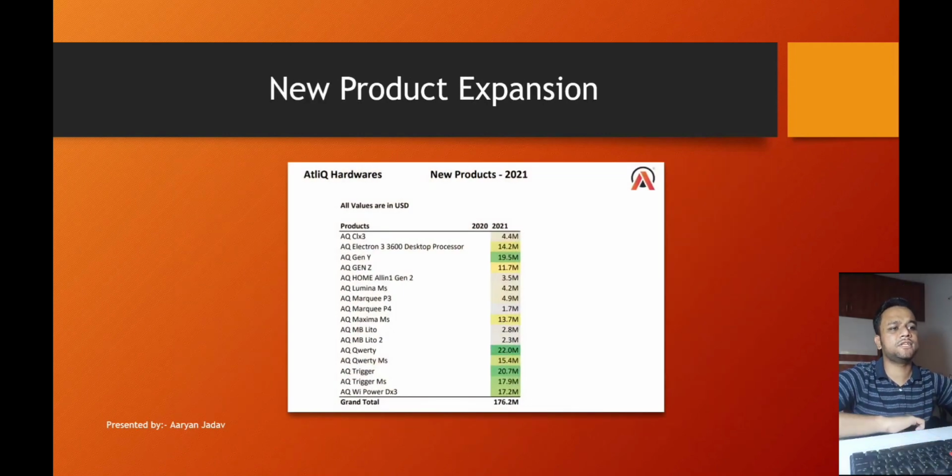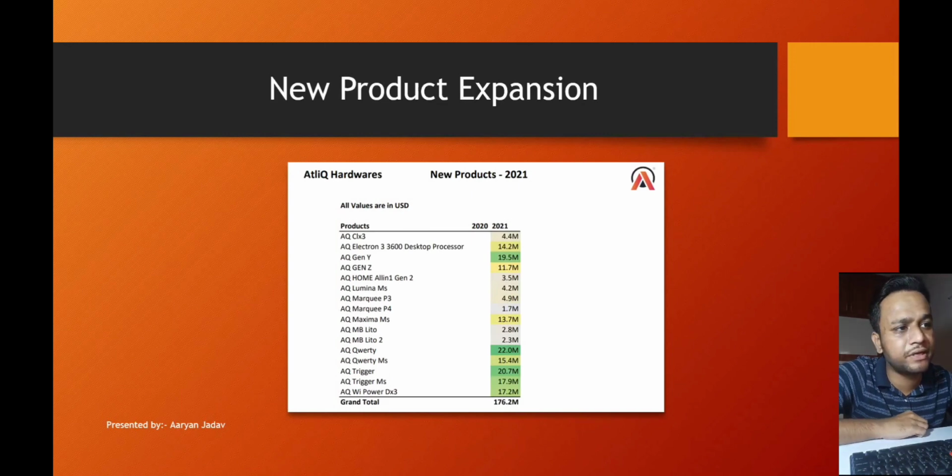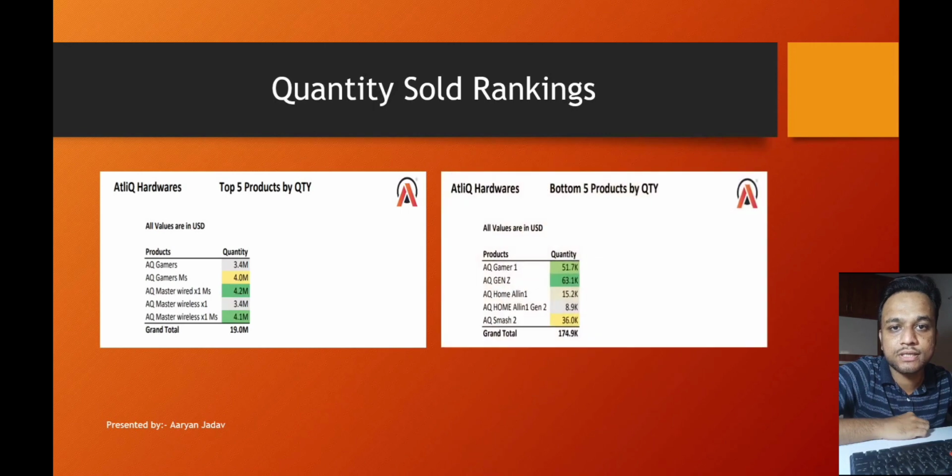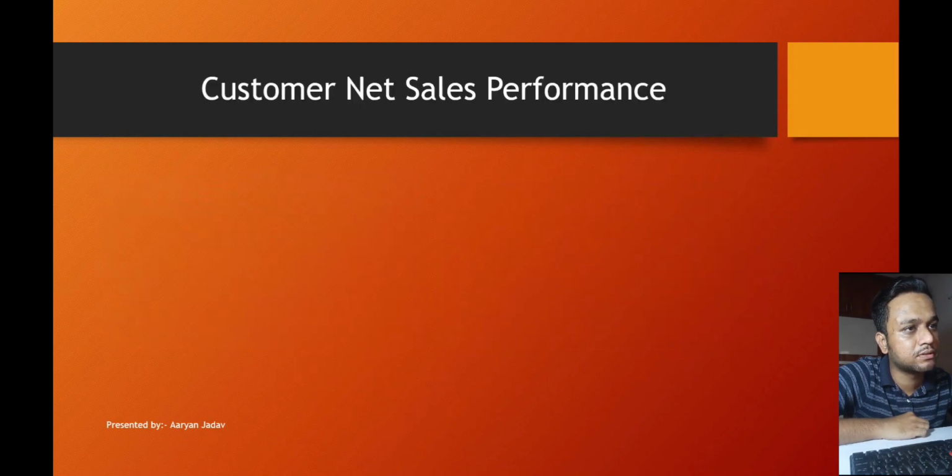Then I discovered the new products that were introduced in 2021 with their net sales. By the quantity sold, I pointed out the top 5 products and bottom 5 products in terms of sold quantity. You can see top 5 products and bottom 5 products.